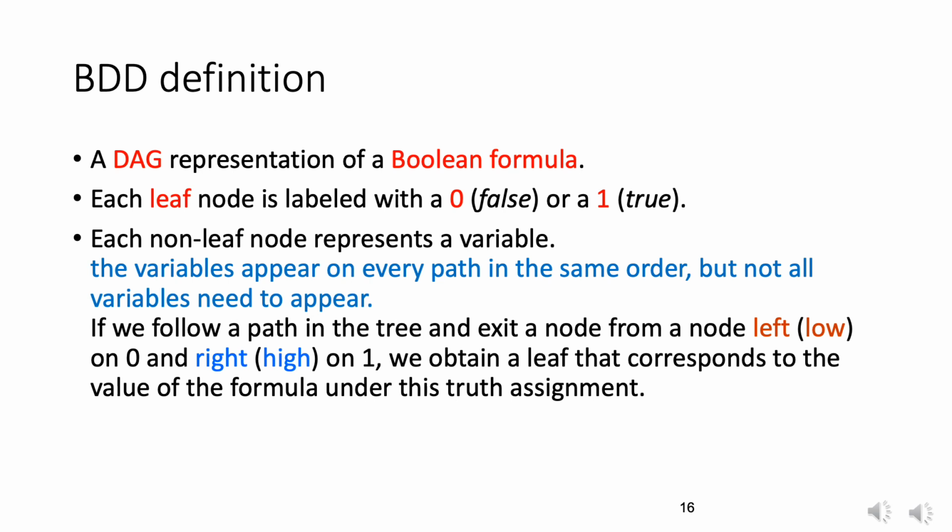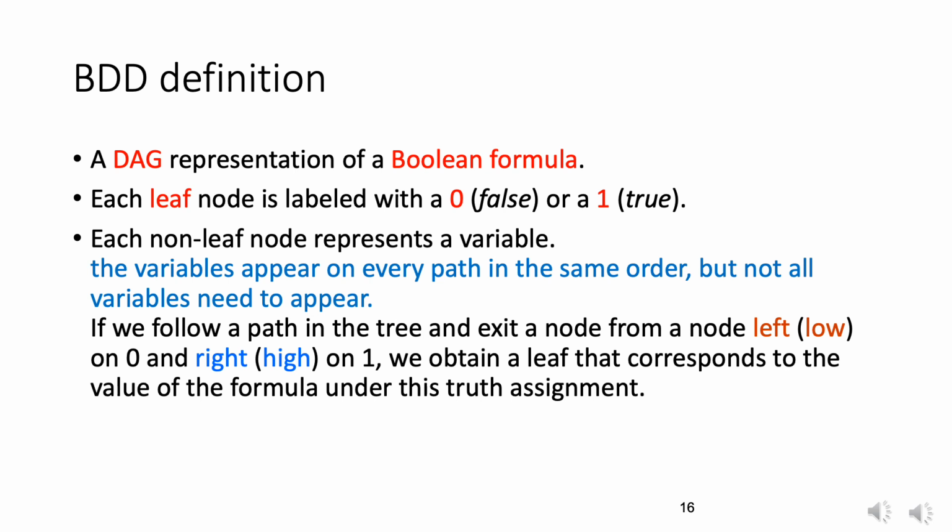And if we exit on the right with the blue solid line, then that variable is assigned a 1. So the left successor, or the red successor, is called the low successor, and the right successor, or the blue successor, is called the high successor. Low because it is 0 and high because it is a 1.